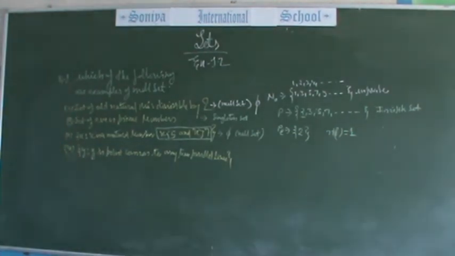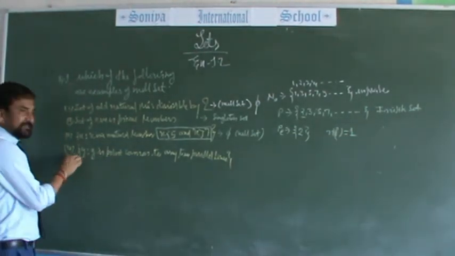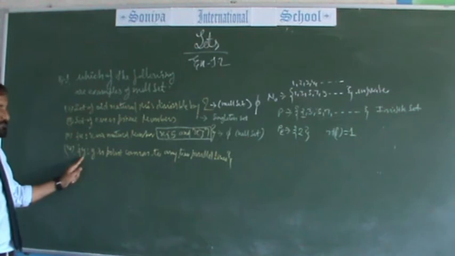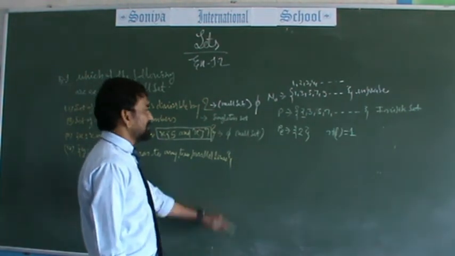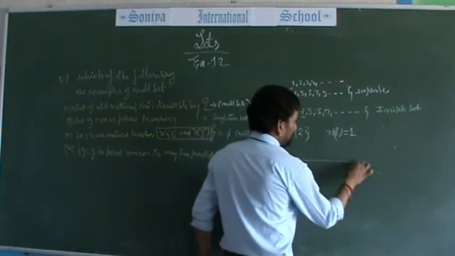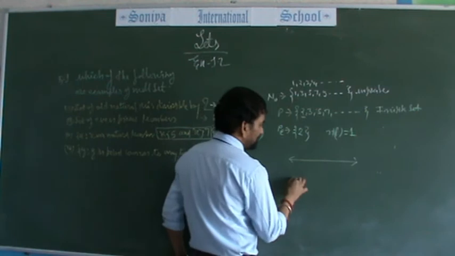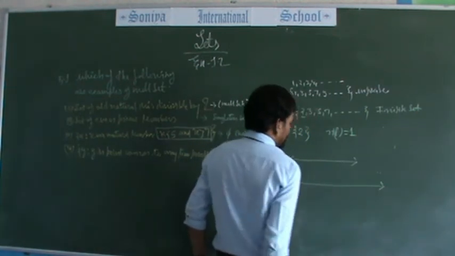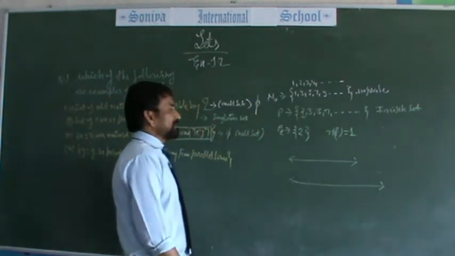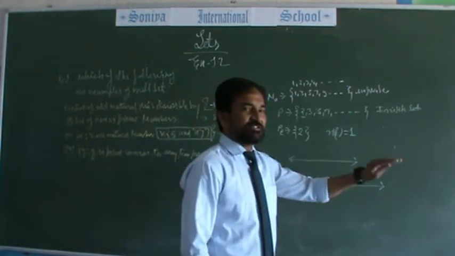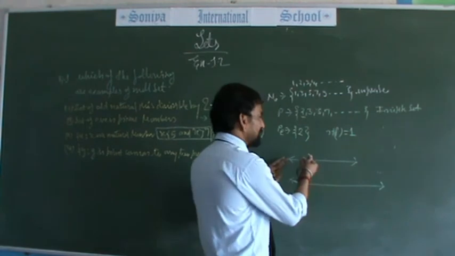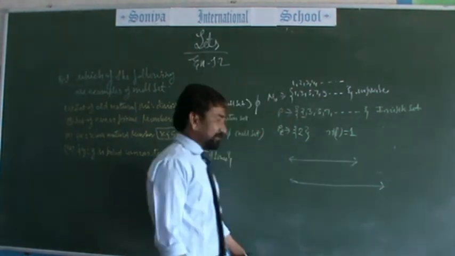Now one more is left. Here is a set whose element y is a point common to any two parallel lines. By the definition of parallel lines, two or more lines are said to be parallel if they do not intersect each other at all, whether they are extended to either side.